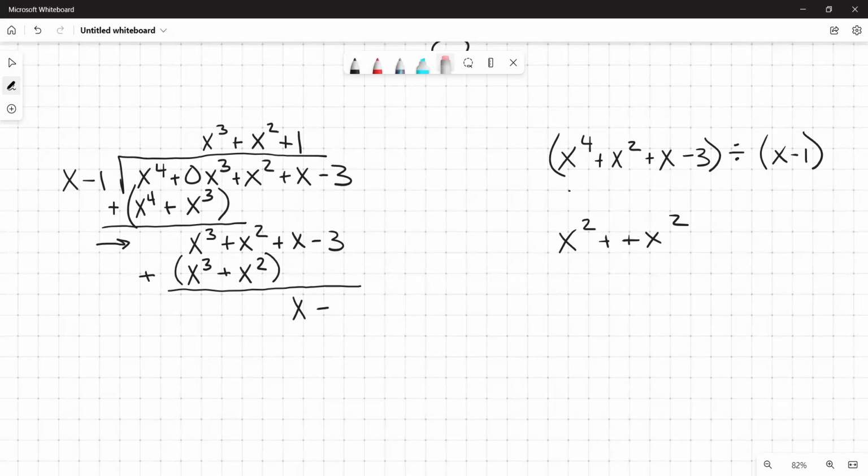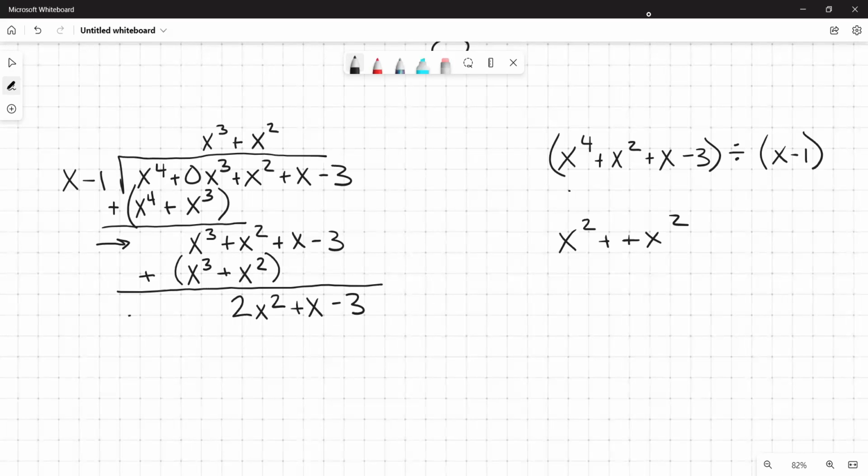Good shot. We can go right to here. Yeah, the x squared plus x squared, that's 2x squared, isn't it? Plus x minus 3.